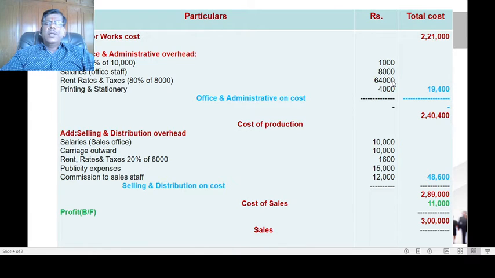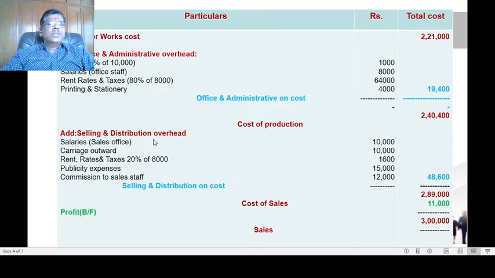Then printing and stationery is 4,000. Totally, 1,000 plus 9,000 plus 6,400 plus 4,000, you will get 19,400. This is called office and administrative on cost, that is 2,21,000 plus 19,400, you will get 2,40,400. This is called cost of production.